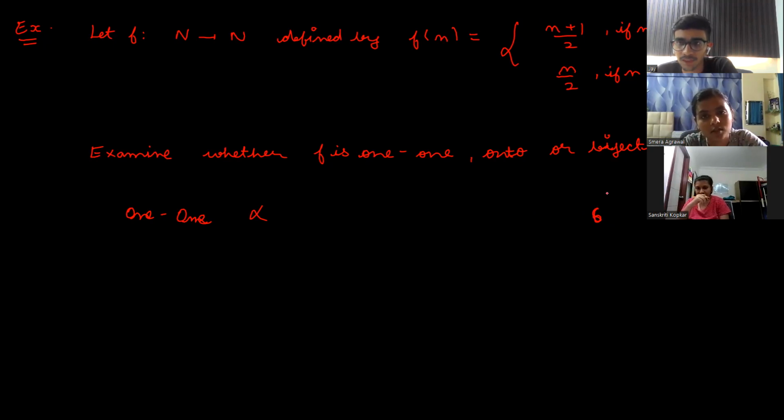Yes, you'll be able to find out, right? You can put n as 12 or you can put n as 11. So for every element in B, if I pick any element of B, I am able to find a specified n. So that is why it is onto as well. It is onto, it's not 1 1, it's not bijective.